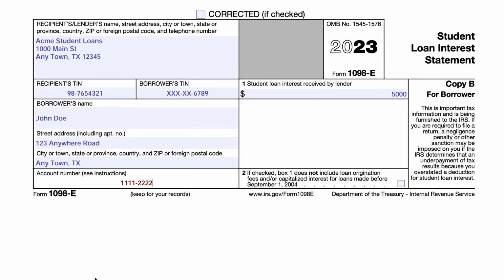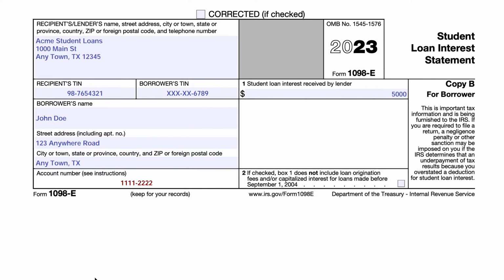So most people should recognize what IRS Form 1098-E is. It's the tax form that you would receive from anyone that you borrow money from for a qualified student loan.